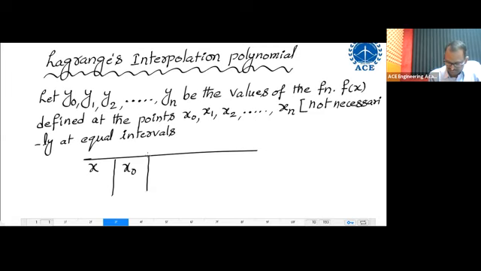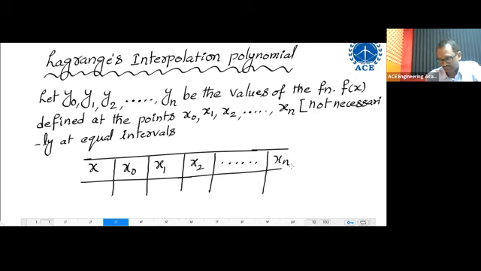X values x0, x1, x2, xn. Similarly, write the y values also.